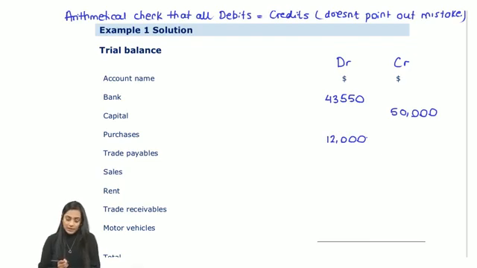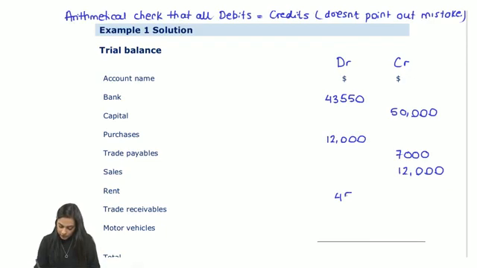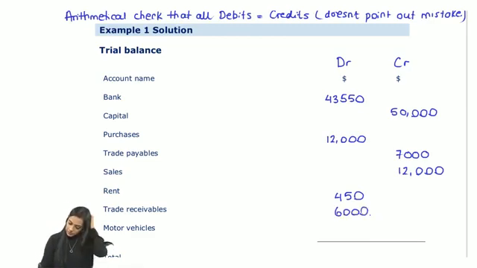Trade payables is a liability and we owe our suppliers 7,000. Sales is an income, so it's credit and we've sold $12,000. Rent is an expense, which is a debit, so that's 450. Trade receivables is an asset, that's 6,000. Motor vehicle is an asset, and that's 7,000.